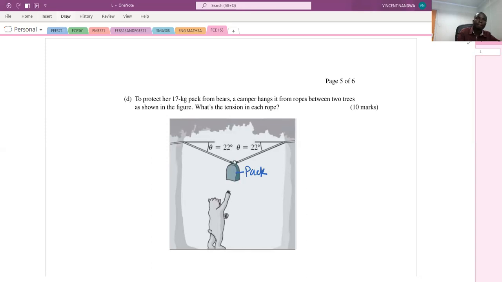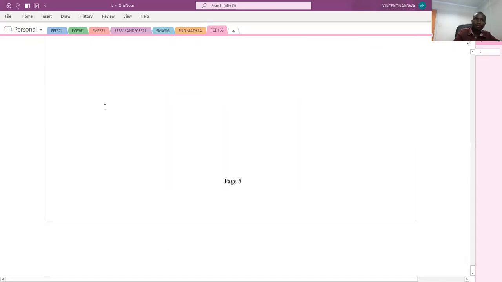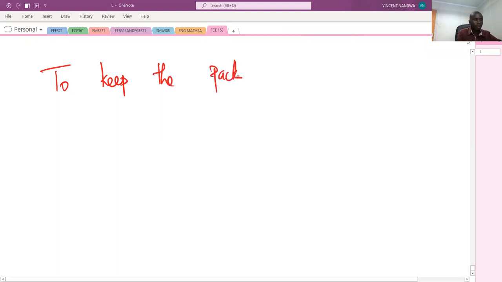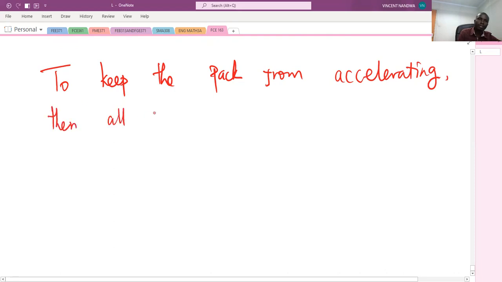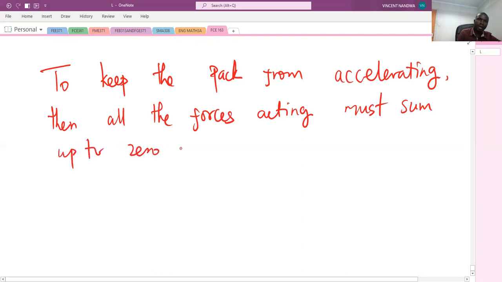So we'll say to keep the pack from accelerating, then all the forces acting on it sum up to 0, i.e. a equals 0.